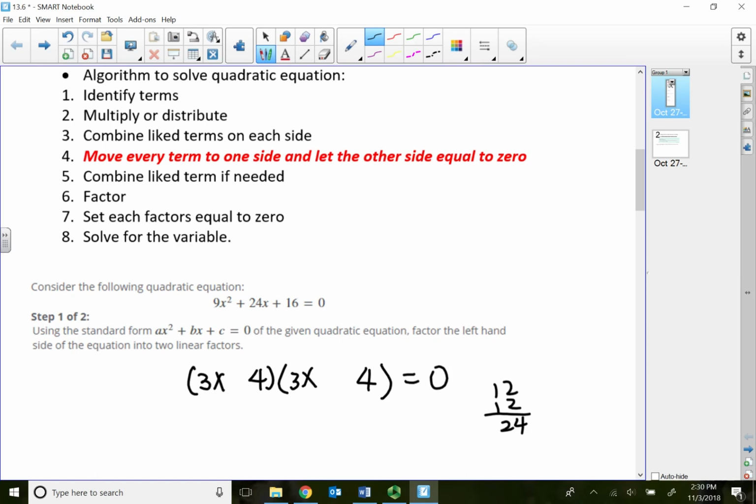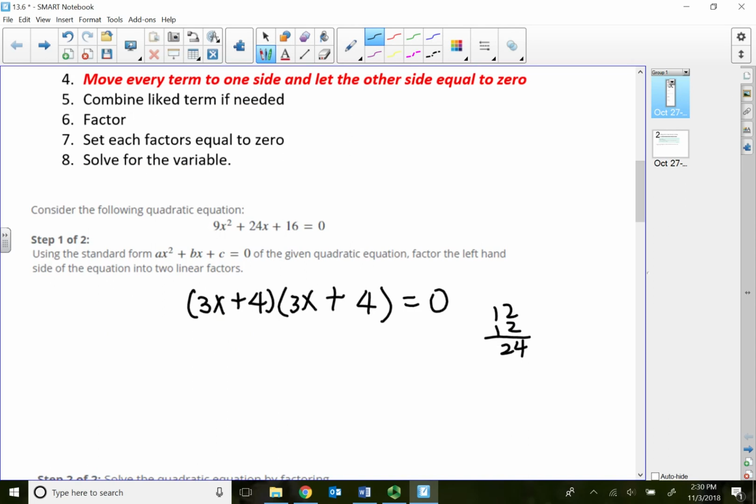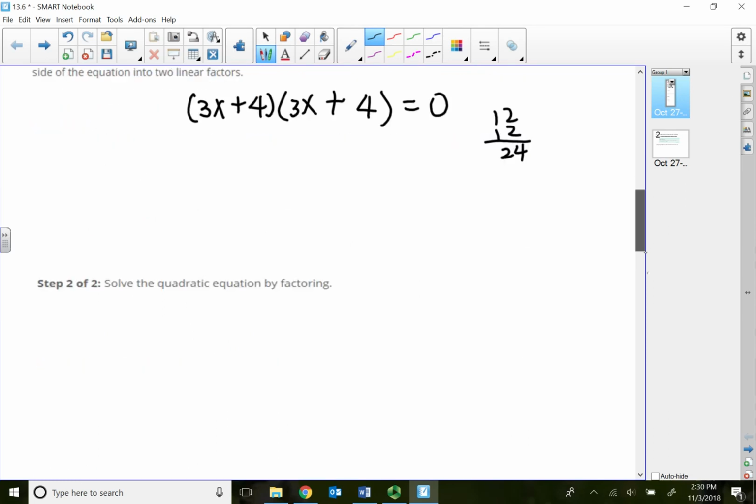So this is actually a perfect square binomial, because these 2 parentheses are going to have exactly the same thing. Since the last sign is positive, I must add my inner and outer. Since my 24 in the middle is positive, both of these got to be positive. So once I factor them, this is my answer for step number 1.